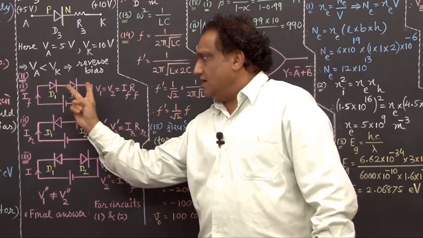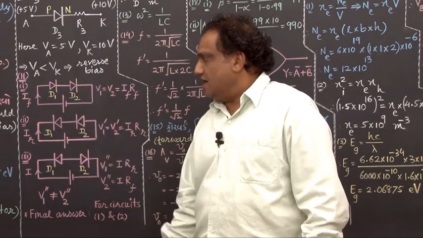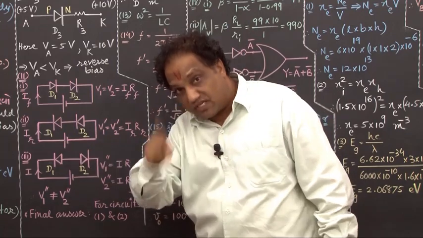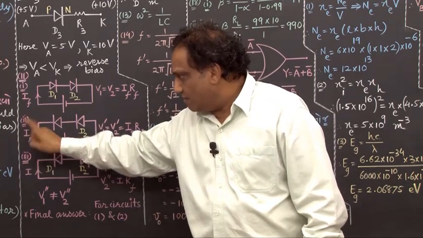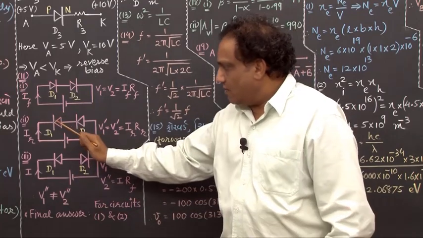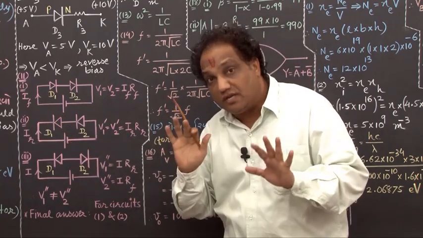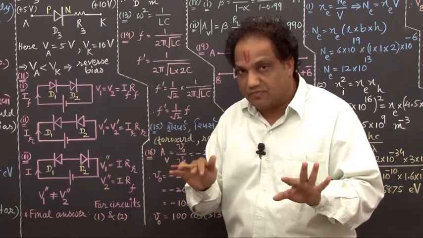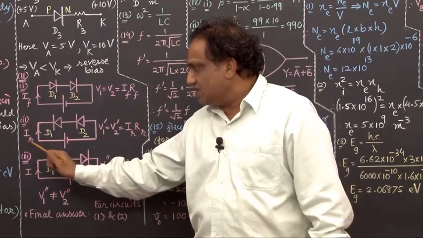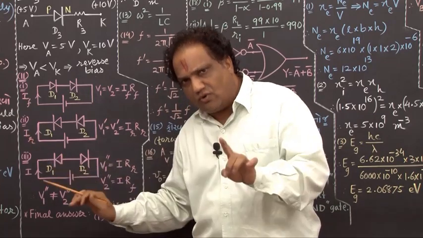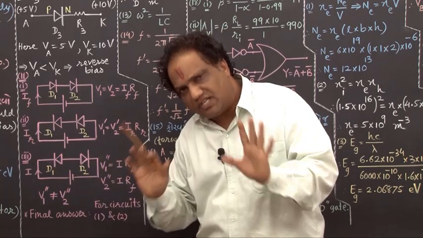Now the series connection is reverse. Now you can see both the diodes right now are in reverse bias condition for circuit number 2, because N is with positive and P with negative. So both the diodes are right now in reverse bias condition. In reverse bias condition for a practical diode, some reverse current is flowing. Let it be shown by symbol IR. No doubt it is a very small value of current, but it is flowing.